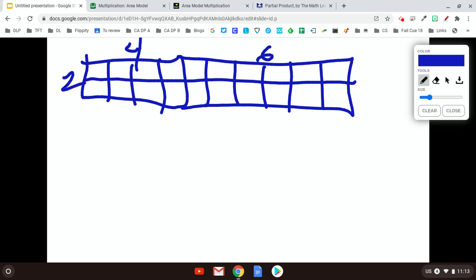And if we look at this, we'll see that 4 plus 6 is actually 10. So this whole top piece right here is 10. And the problem can be put together much simpler as 10 times 2, which is 20. And that's what we got in that first example.